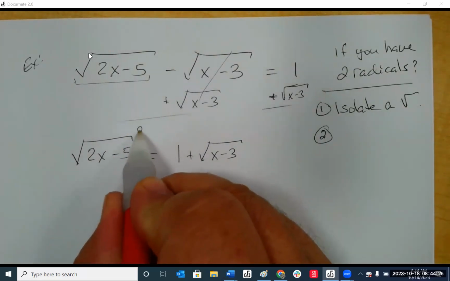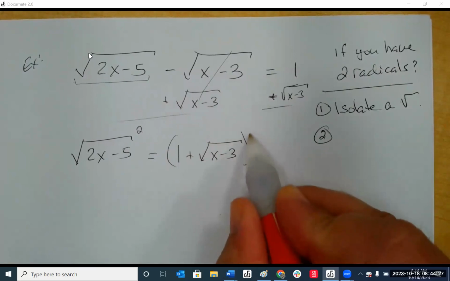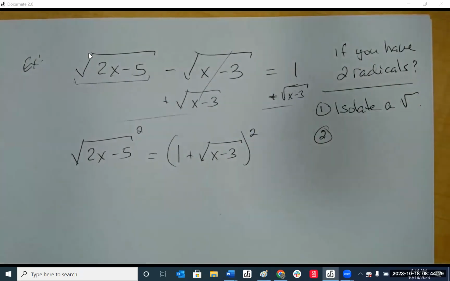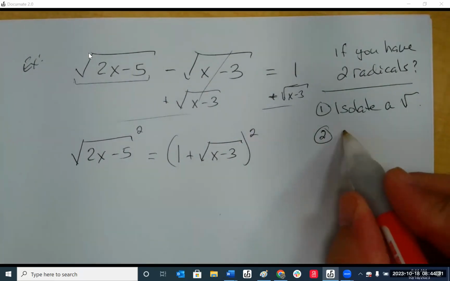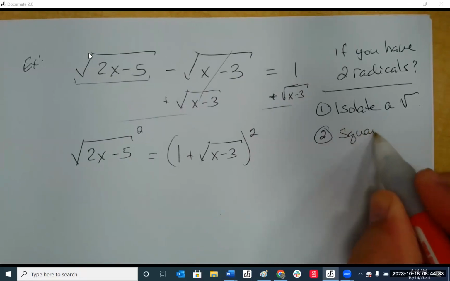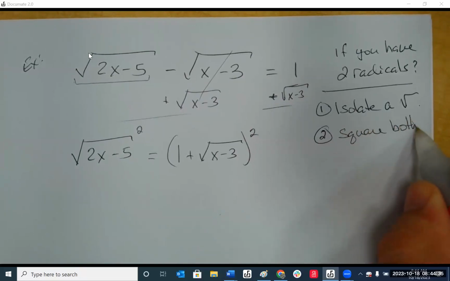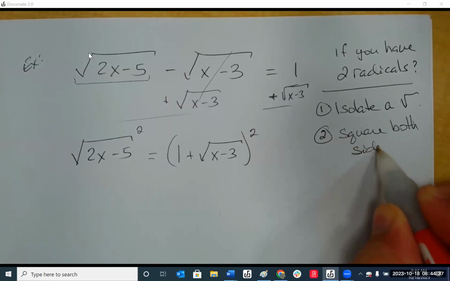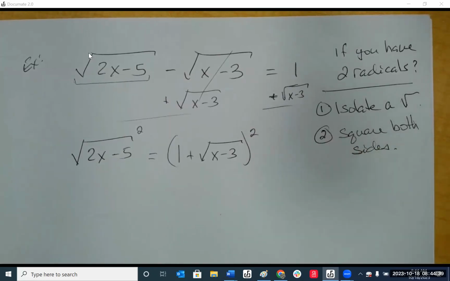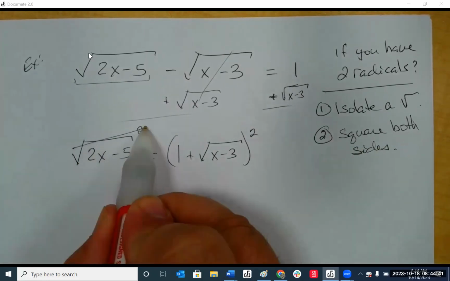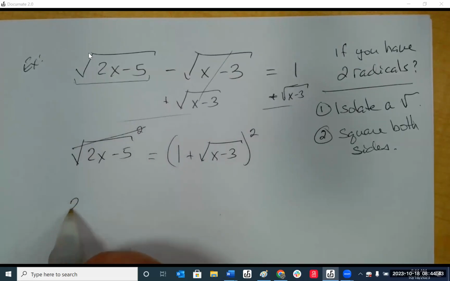So we square both sides. This, remember, is an equation. It's got to stay together on the right-hand side. So on the left side, those cancel. So I have 2x minus 5.